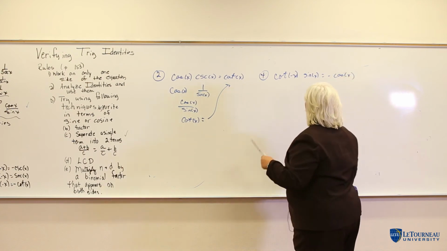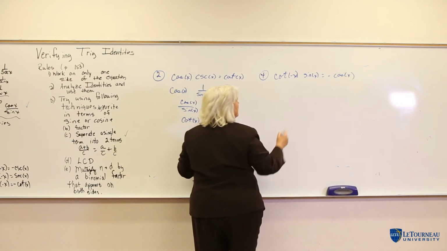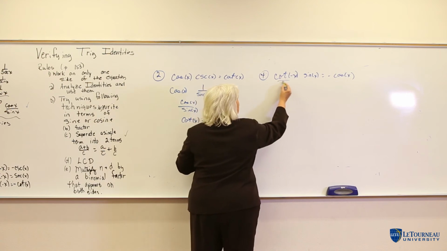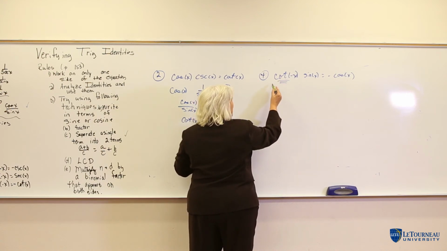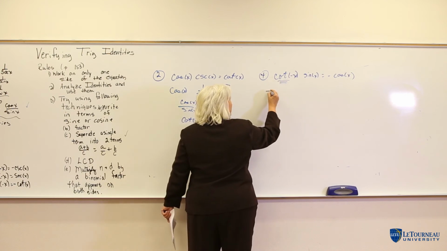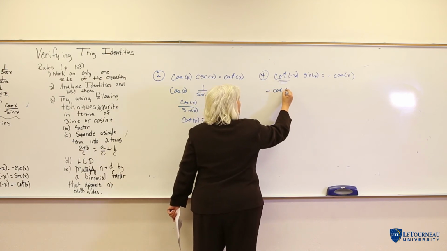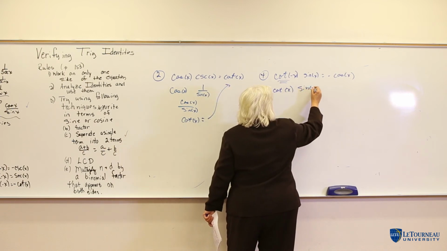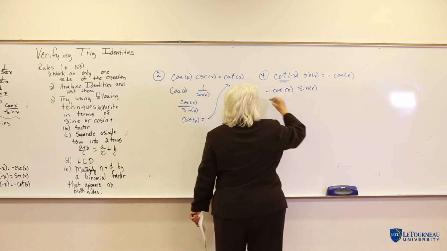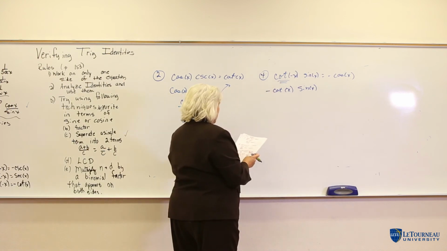So I have cotan of negative x times sine x is equal to negative cosine x. This is your even and odd identities again. Cotan is an odd function, so I'm going to rewrite that as a negative cotan x times sine x. I'm trying to verify that this is the same thing as a negative cosine x.